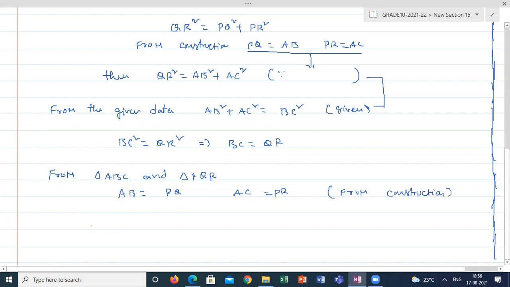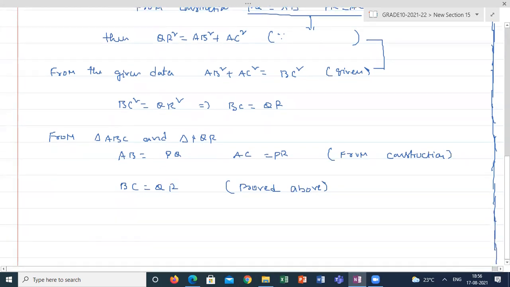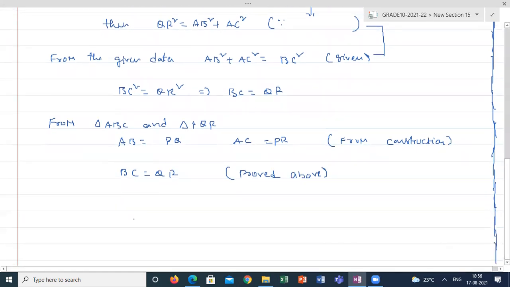And BC is equal to QR, proved above. So what can I prove here? I can say from the above statements, triangle ABC is congruent to triangle PQR. What criterion? SSS rule of congruency.